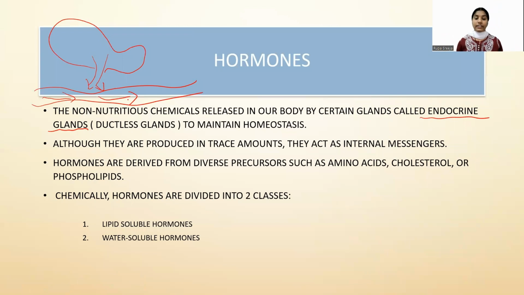These glands directly release these chemicals into the circulation. These chemicals are also non-nutritious in nature because they don't have any vitamins or minerals. They are just made up of amino acids and lipids and sometimes carbohydrates.